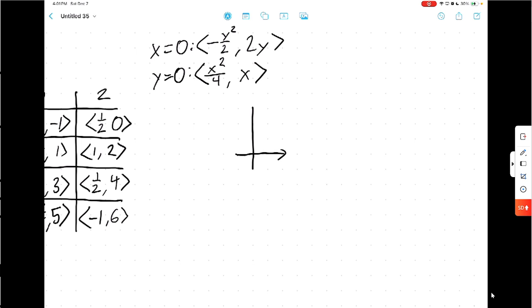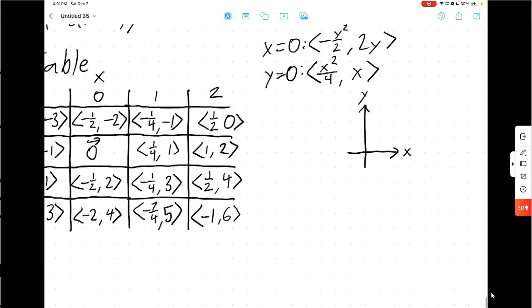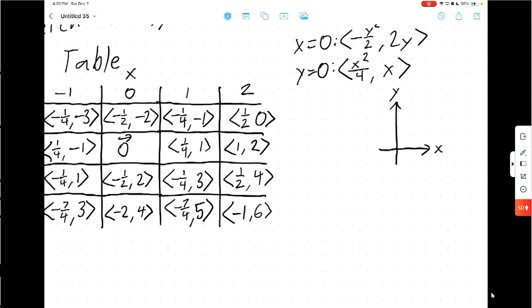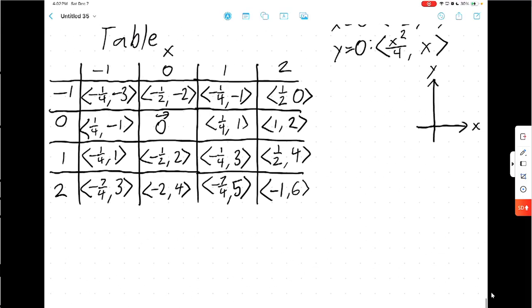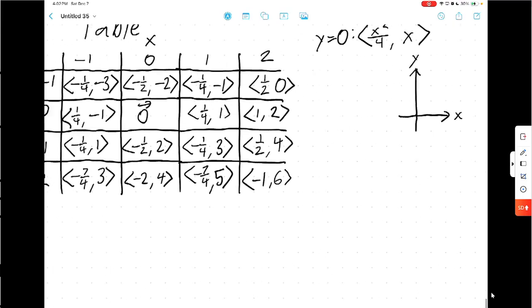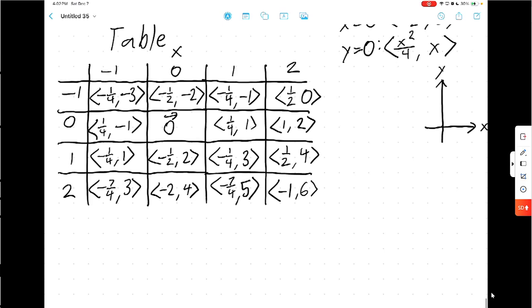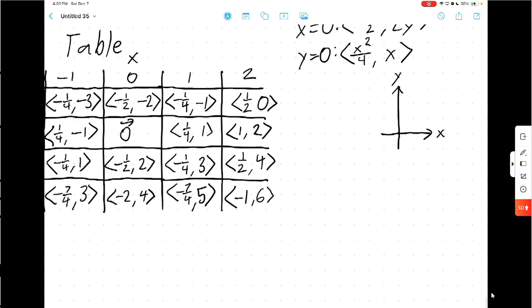And as for a sketch, I'm just going to do this. X, y, 0, we're going to get 0. -1/2, we're going to get -1/2. So at x equals 0, we're going to get -1/2, -2, which is going to point down and to the left.